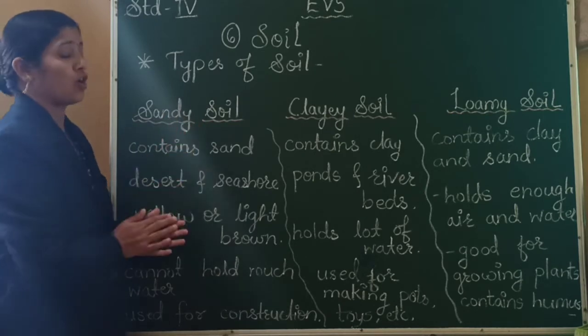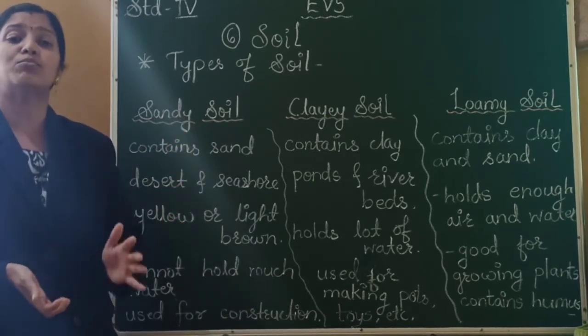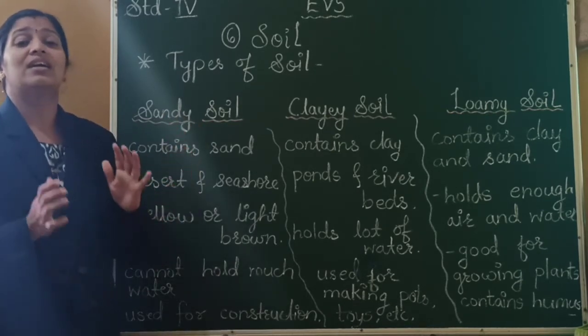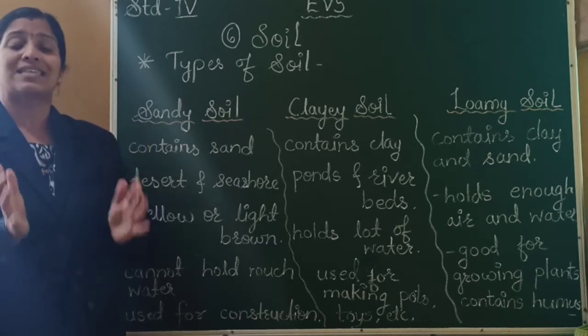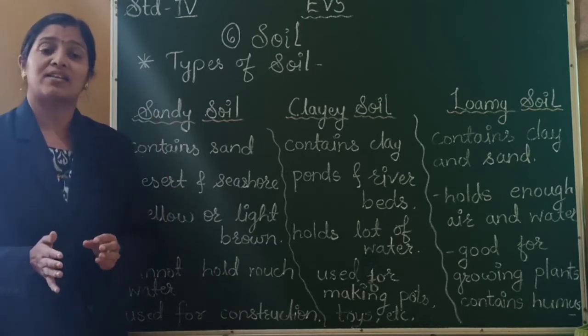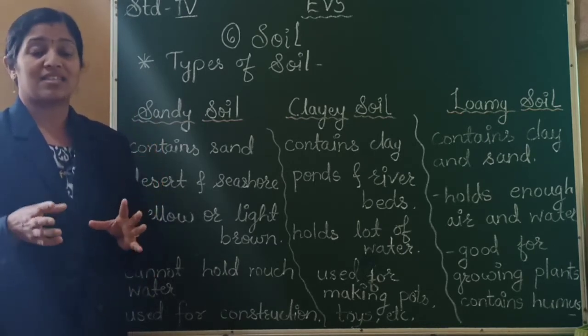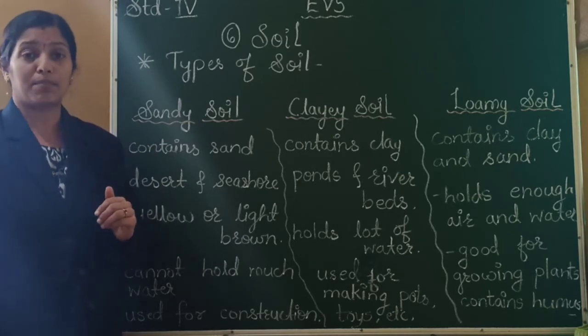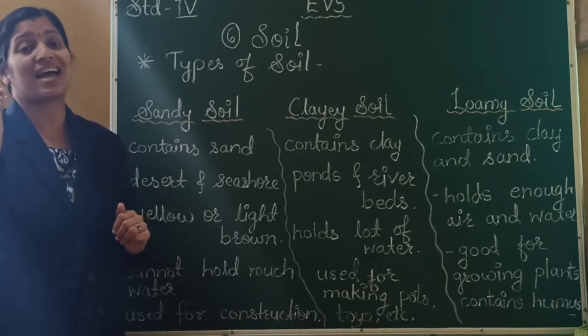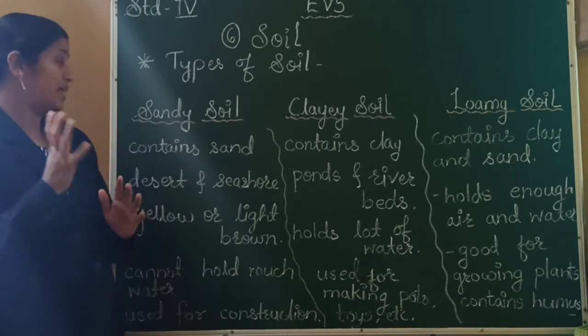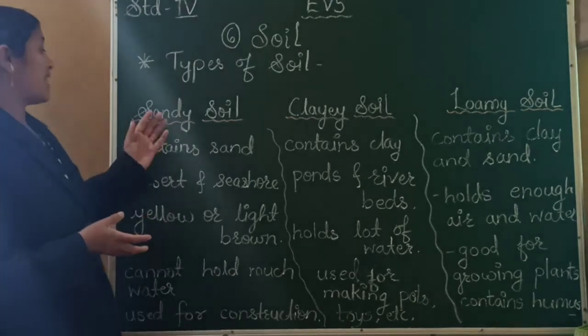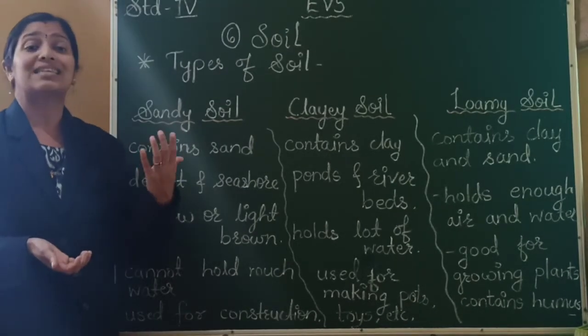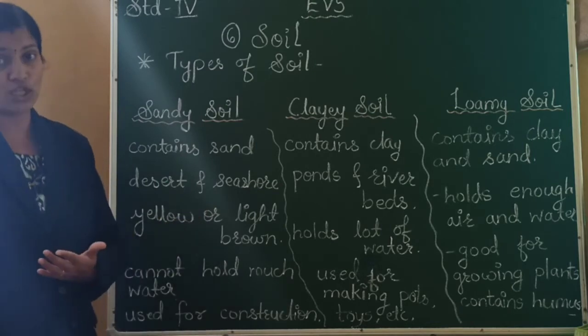So sandy soil, from the name itself we come to know that this soil contains a lot of sand, and the sand particles are big particles. It is not of very fine particles, but the particles are a little bigger. This sandy soil is found in the deserts and the seashore.